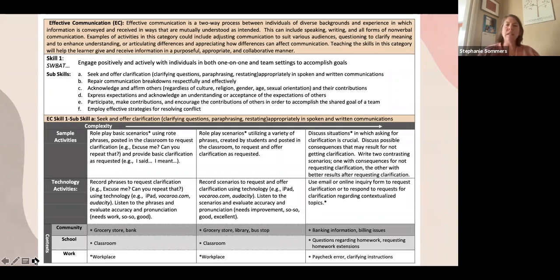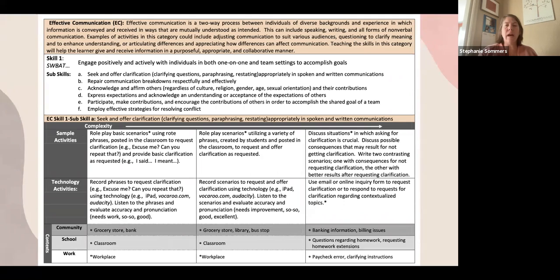And then each skill can have a number of sub-skills. So this is from the effective communication category here. This is skill 1, engage positively and actively with individuals in both one-on-one and team settings to accomplish goals. And then you can see all those different sub-skills there.